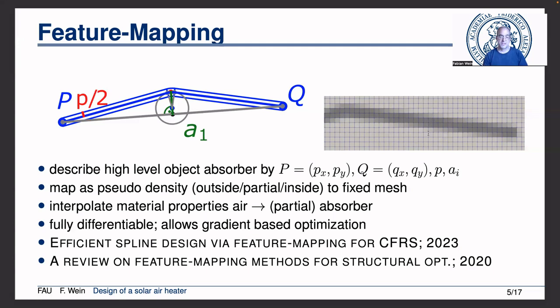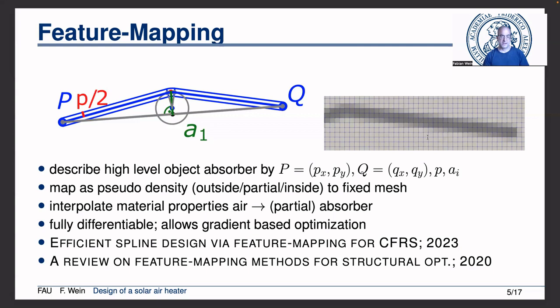The material properties are an interpolation, so a bimaterial interpolation between air property and absorber property, where we have partial absorber property because the absorber itself is only a mesh. The mesh is thin and we have a certain number of layers we want to model. Feature mapping by itself allows fully differentiable configurations.